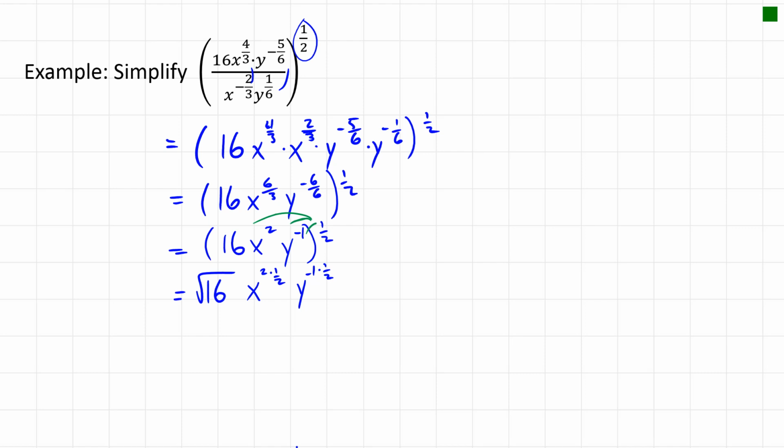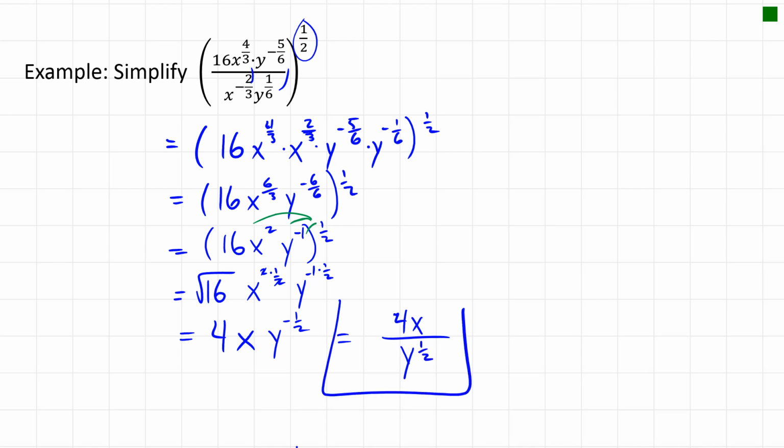So I'm multiplying the exponents there. That leaves me with 4 times x, because the 2's cancel, leaving me with an exponent of 1. So that's 4 times x and y to the negative 1/2, which I'll rewrite as 4x over y to the 1/2 to make all the exponents positive.